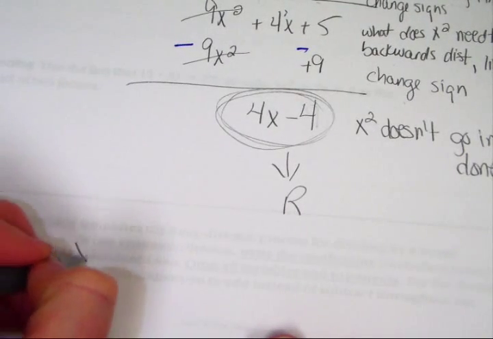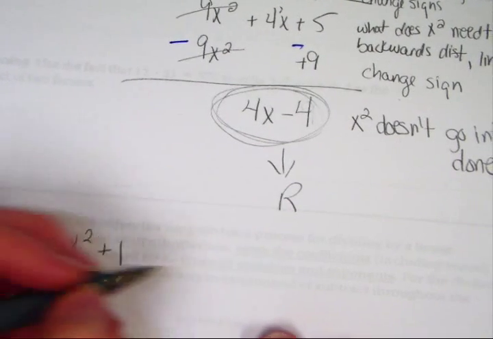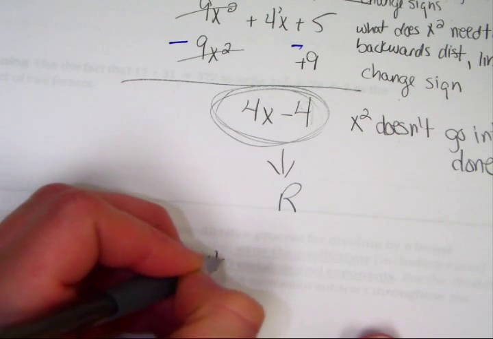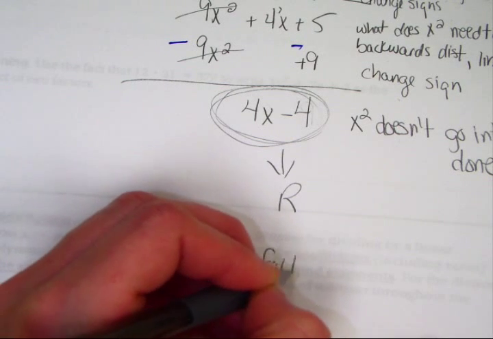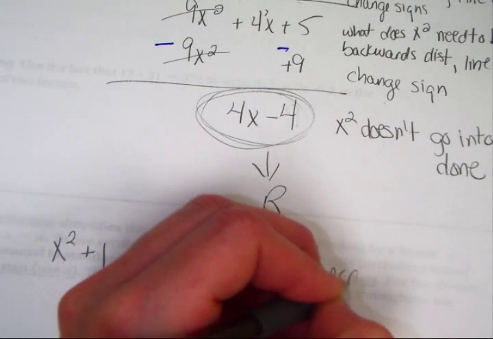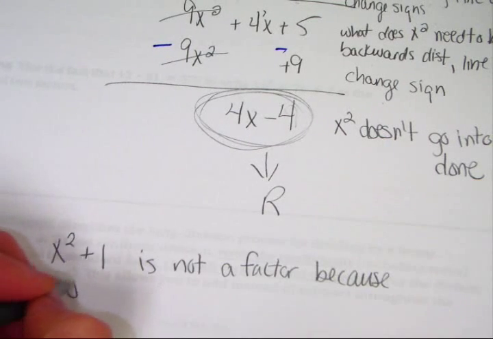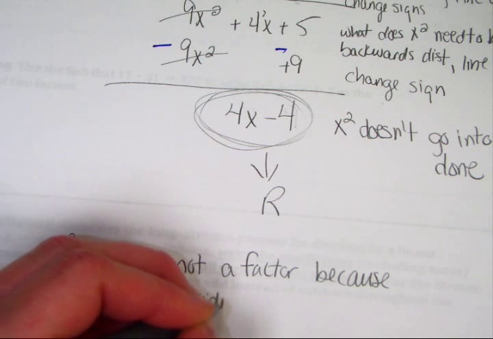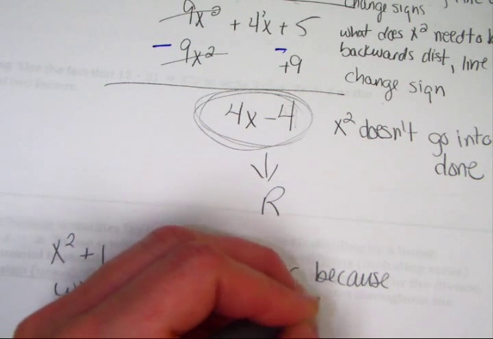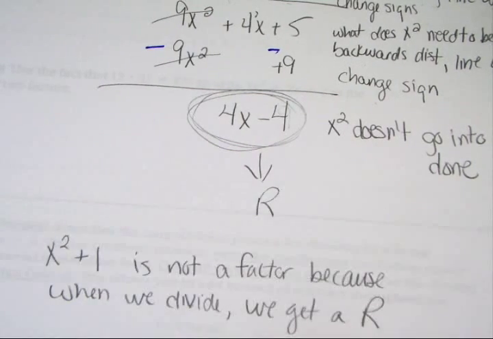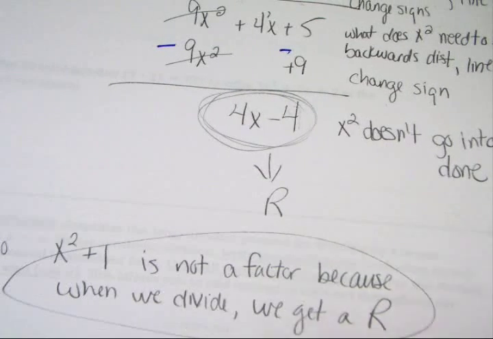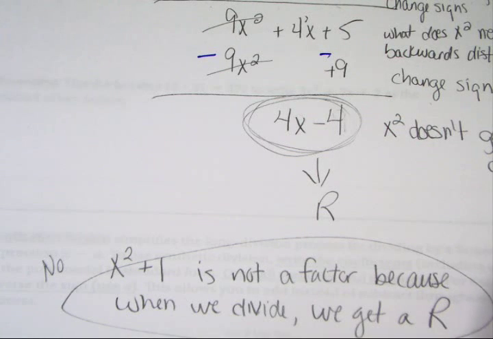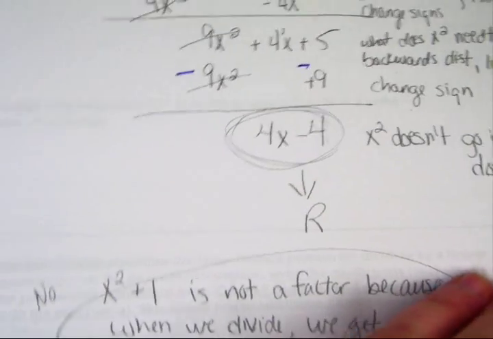We're going to say that x squared plus 1 is not a factor because when we divide, we get a remainder. So the answer is no. It's not a factor because when we divide, we get a remainder.